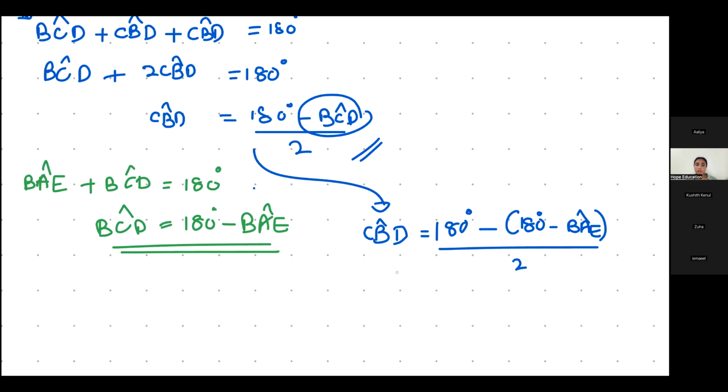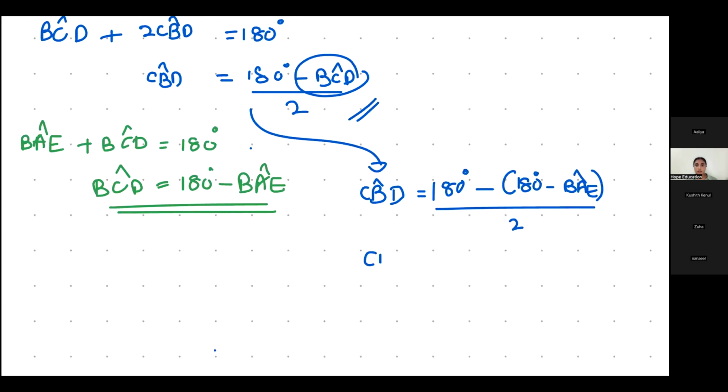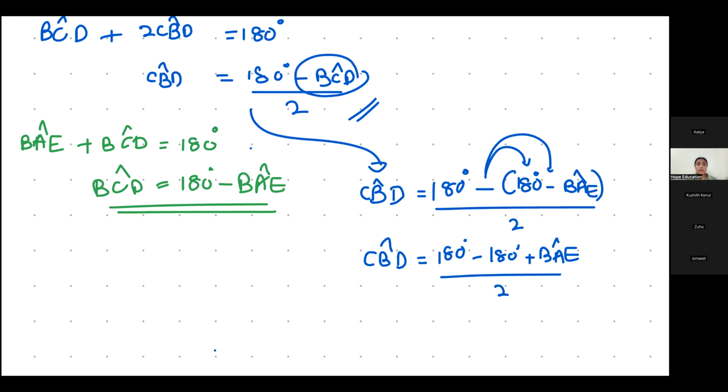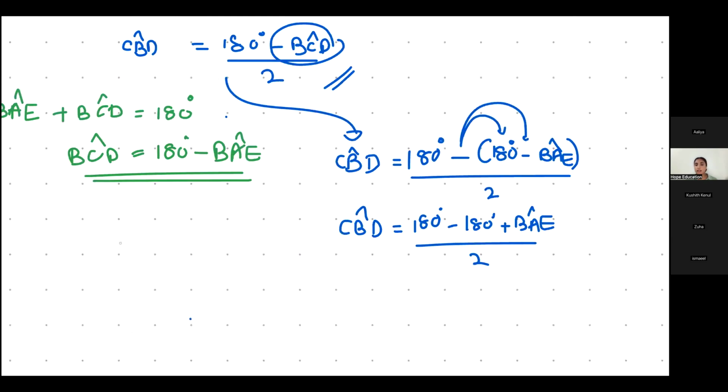So CBD equals 180 minus, times plus is minus, so minus 180, minus times minus is plus, plus BAE, divided by 2. Can you see here plus 180 and minus 180 cancel?